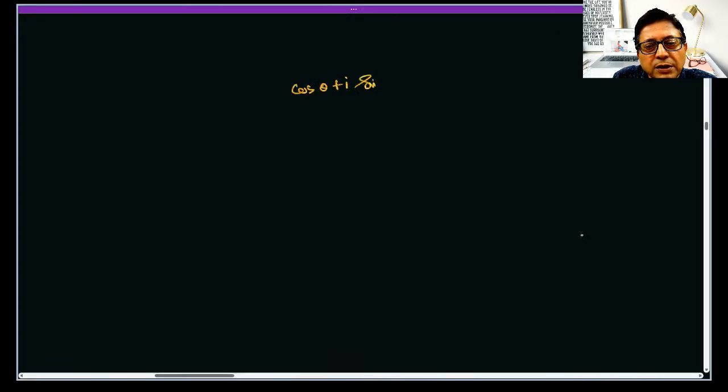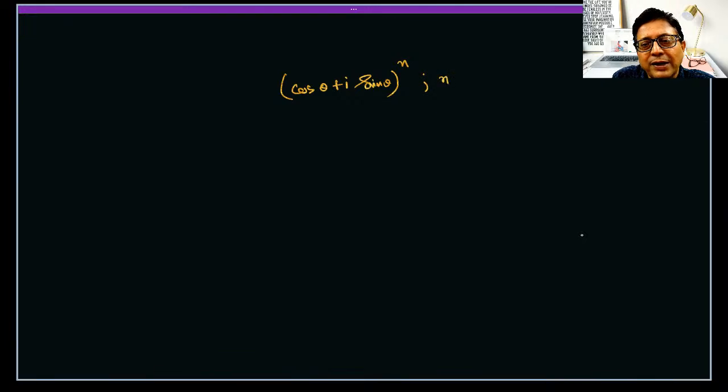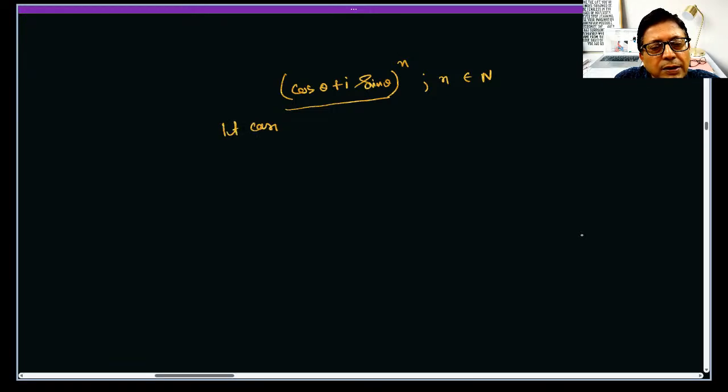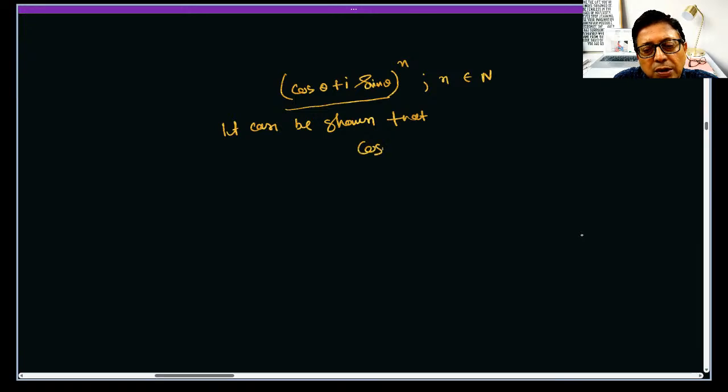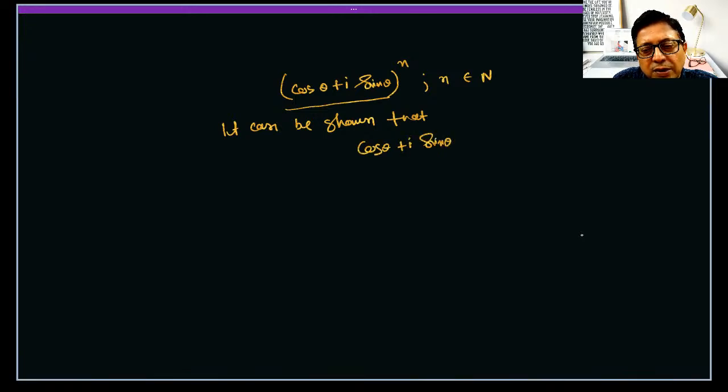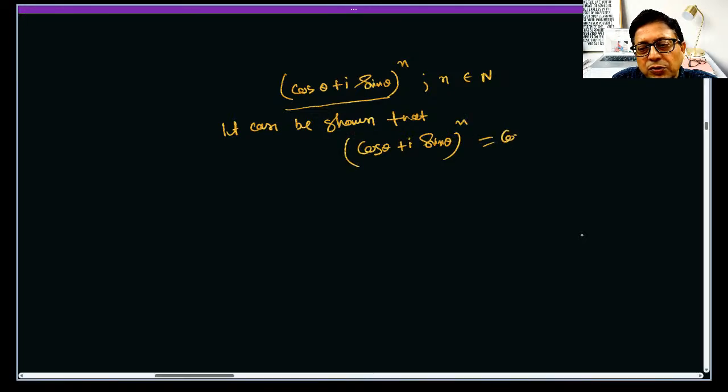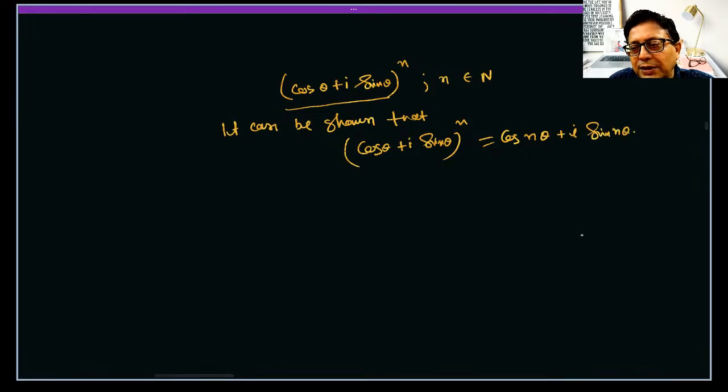What is that? You just consider this expression, cos theta plus i sin theta to the power n, where n belongs to N. We are able to prove that for n belongs to N, it can be shown that cos theta plus i sin theta to the power n equals cos n theta plus i sin n theta.